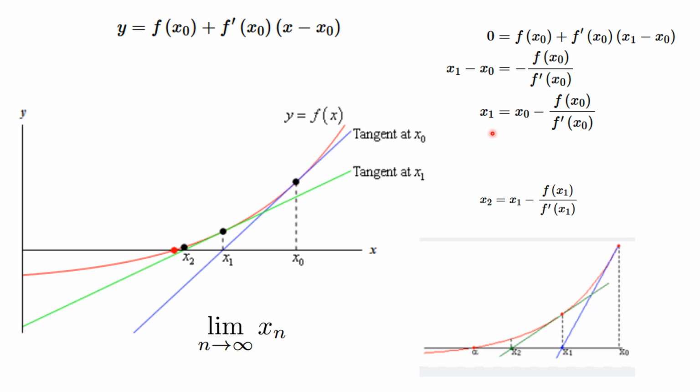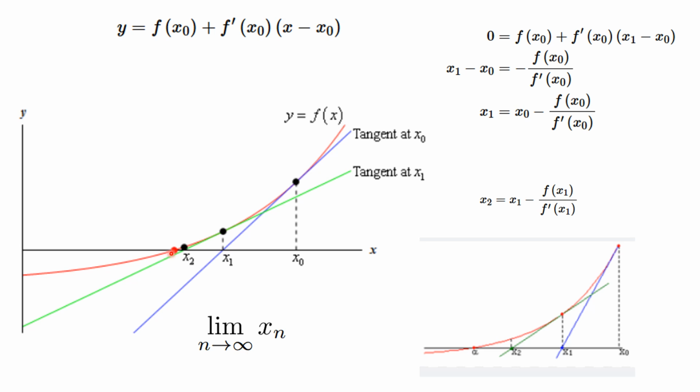Solving this equation, x1 is x0 minus f of x0 divided by f prime of x0. That is this point here, and you can see that's a better approximation than our initial guess x0. So x1 is closer to the red dot than the first one.